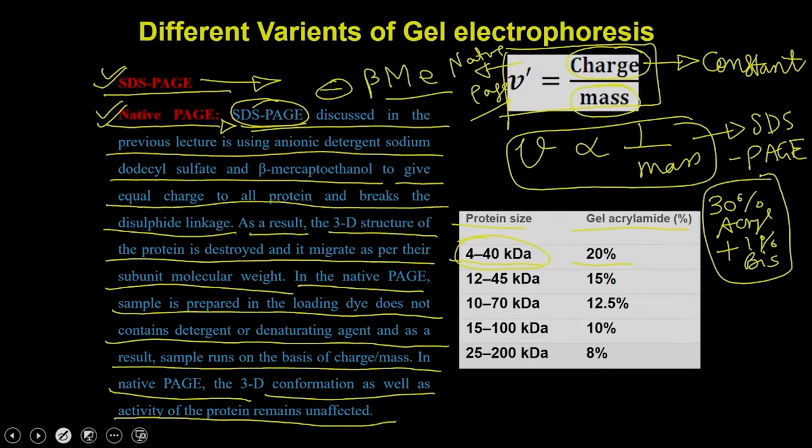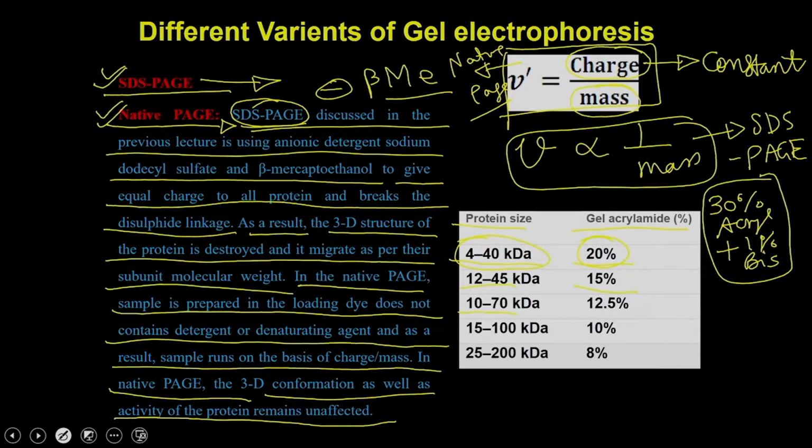You can use the 20% gel for proteins in the range of 4 to 40 kDa, but if you are working in the range of 12 to 45 kDa, you can use 15%.